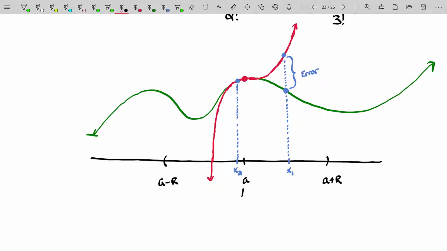So if the center was at x equals 1, and your radius of convergence was 10, that is, you are guaranteed, if you were to sum up the series forever and ever and ever, that you would get convergence from, and I'm not going to include the endpoint here, so I'm just going to say possibly from 1 minus 10, which is negative 9, all the way to 1 plus 10, which is positive 11. So you might get convergence on the interval negative 9 to 11.